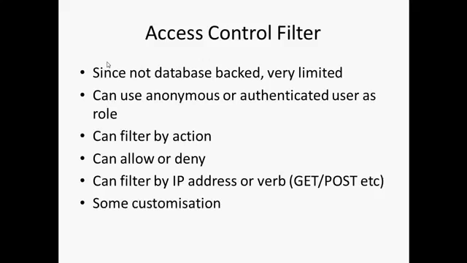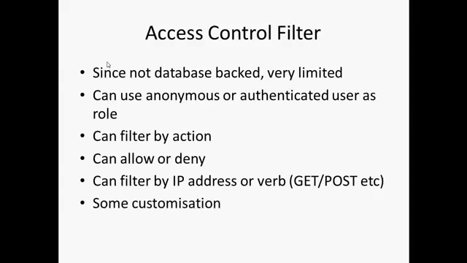And then it can filter further by the actions being requested, and then each rule can have an allow or a deny specification, and you can also add a certain amount of filtering by IP address or by the request verb. So you could say that people are not allowed to call a certain action using GET, they can only use POST. And there is an amount of customization you can also do with the functions that are called when a rule is actioned, and also how to decide whether the rule should in fact be used at all.